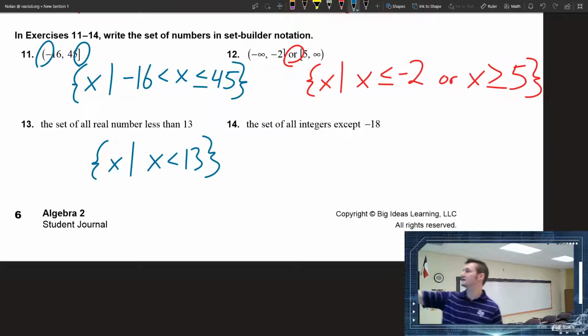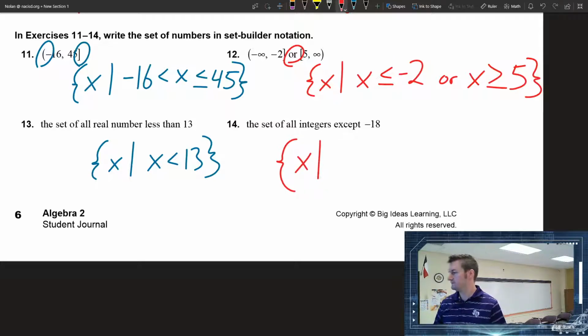Okay, number 14. Number 14 says the set of all integers except for negative 18. So let's get it set up. Let's try that again. All integers except negative 18. So the way we can write this is x is going to be all the integers.